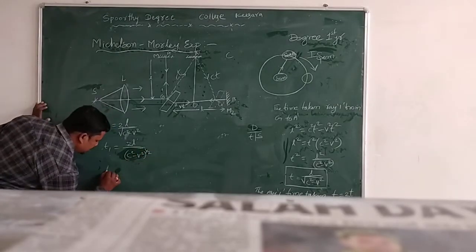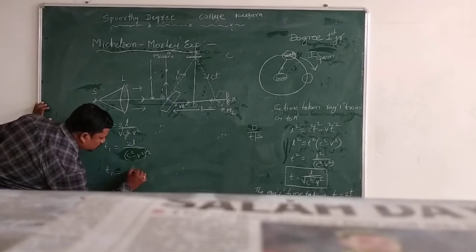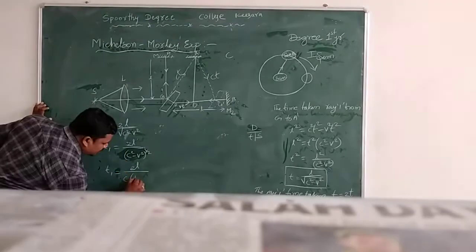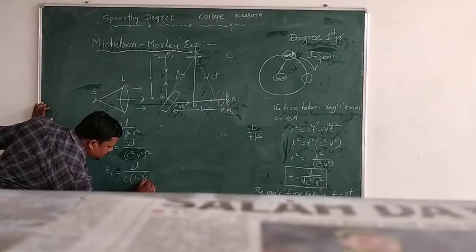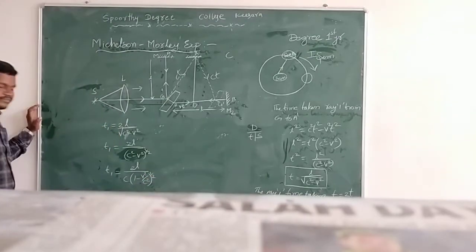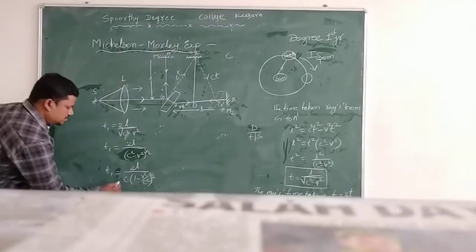Then take C as common. T1 equal to 2L by C square, take common 1 minus V square by C square, power 1 by 2.